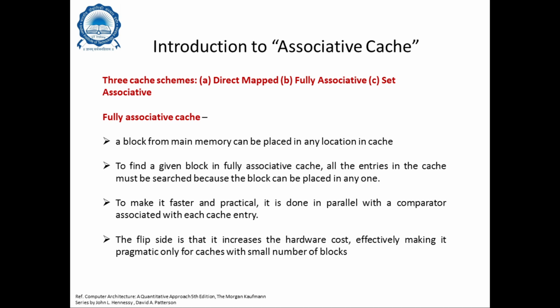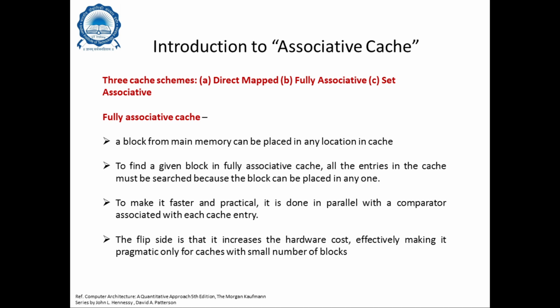So there is no mapping algorithm as such as you see in direct mapped caches. In order to find a given block in a fully associative cache, all the entries in the cache must be searched in parallel, because the block can be placed in any one of the locations. So this is a much faster scheme than direct mapped caches.